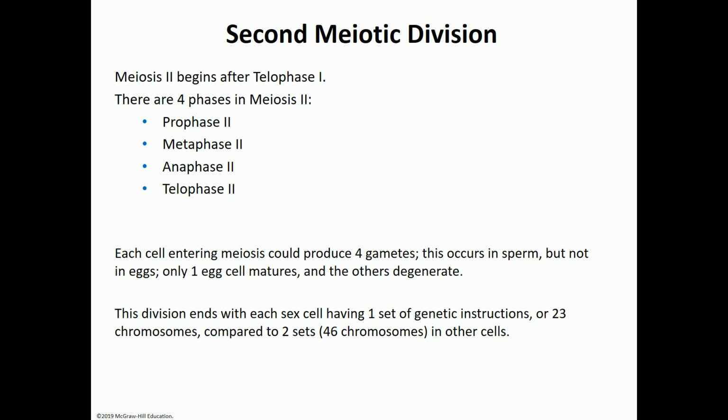In males, we produce at the end 4 sperm, but in females, we produce only 1 egg. The remaining 3 cells degenerate.